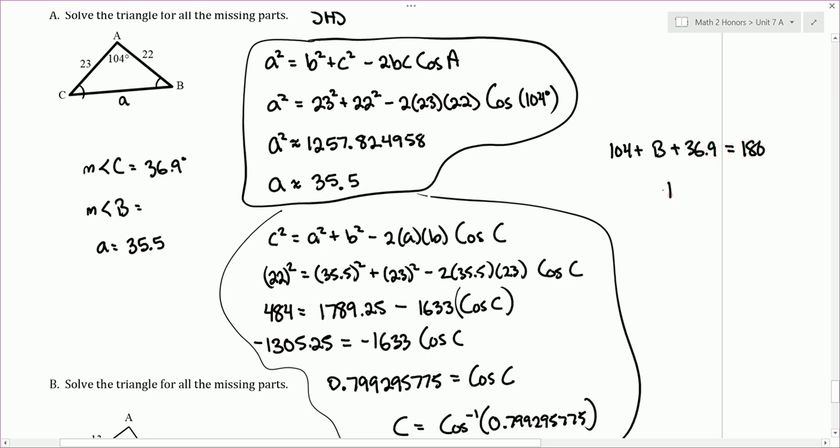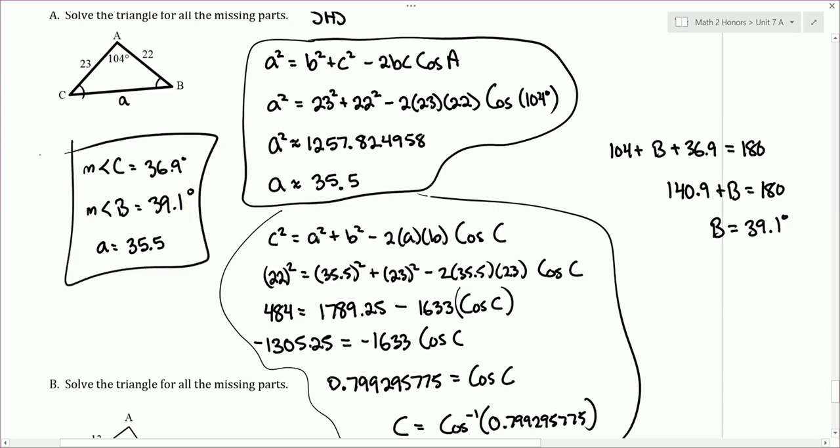So 104 plus 36.9 is going to be 140.9, plus B is 180. Subtract 140.9 and you end up with 39.1 degrees for angle B. And now we have our answers.